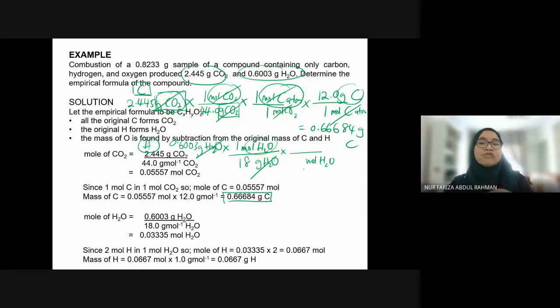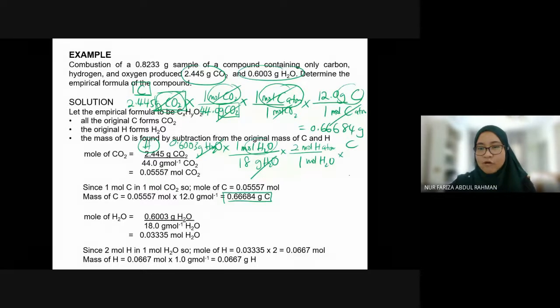This is the time for you to introduce the hydrogen. In 1 mole of H2O, there are 2 mole hydrogen atom. Just one more conversion factor, so this one cancels out, mole of hydrogen atom. Nak introduce mass kan, so 1 mole of hydrogen atom is equal to the mass, 1.0 gram hydrogen atom.